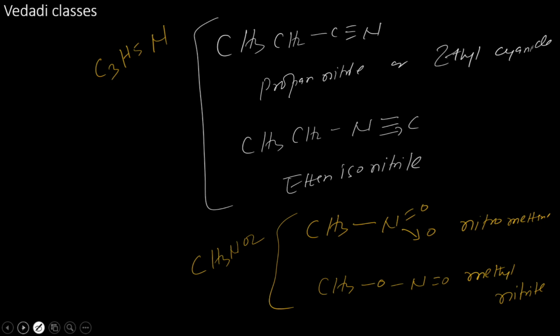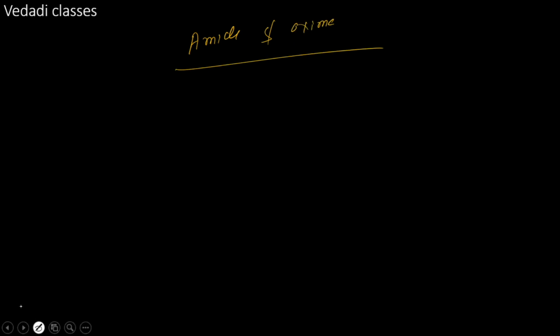Now we can also discuss if the double bond is present over there, or also amide is present over there. Amide and oxime, have a look here. I can give you some example of the amide. Amide is like CH3 CH2 C double bond O NH2.